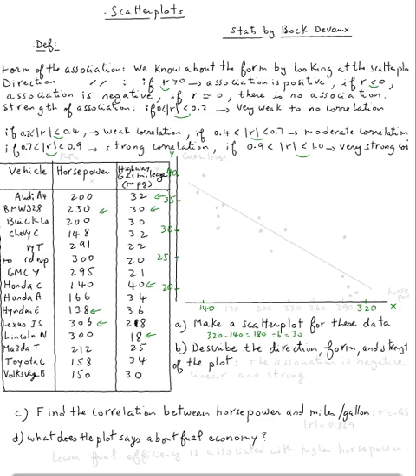So each one of them is 30. So 140 plus 30 is 170, 200, 230, 260, 290, and then 320. You can use any unit you like. It's not going to make any difference.